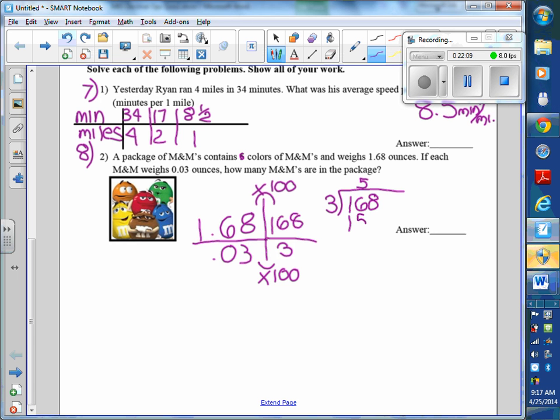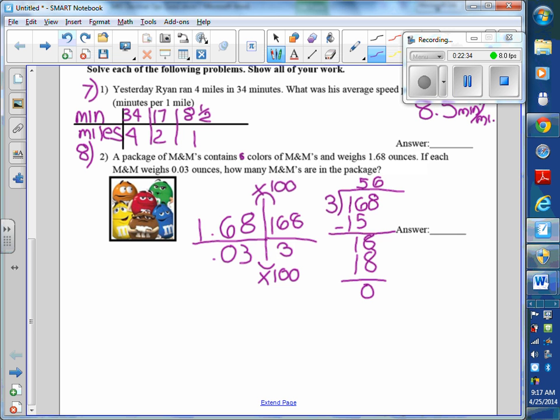Yes. And then when you subtract, you get 1 and bring down the 8. 3 goes into 18. 5. No. 6. 6 times, right? Yeah. And 18 take away 18. 0. So that tells you there's 56 M&Ms in the package.